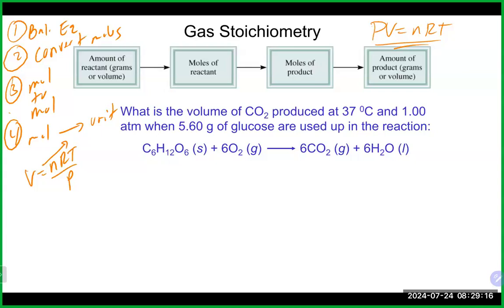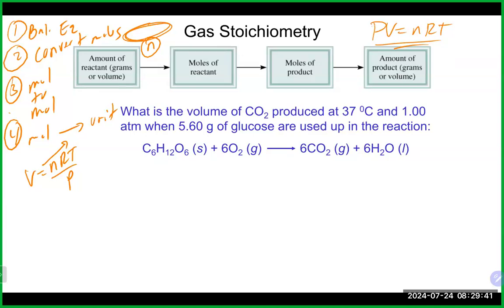That's a very common ending: once you get the moles at the last step, you use the ideal gas law. The other place you could use the ideal gas law, which does happen occasionally, is up here in step number 2. Usually if you use it in step 2, you would be solving for moles. So you could use the ideal gas law up front, solve for moles, and then do the stoichiometry part of it.